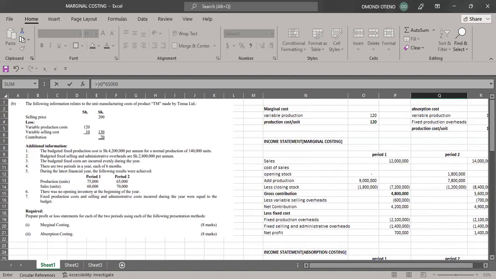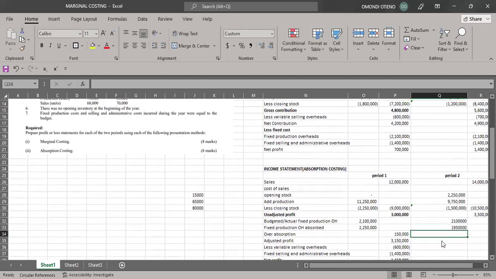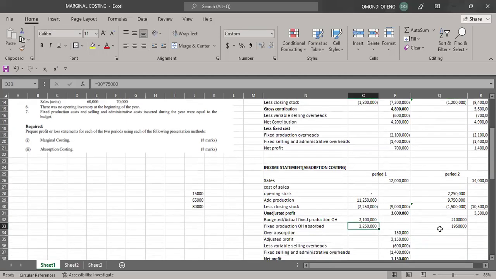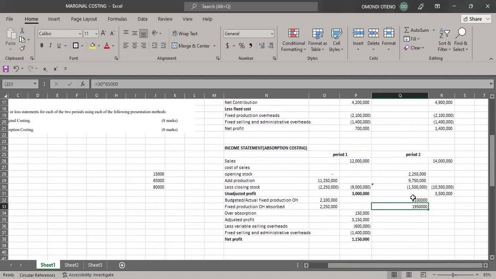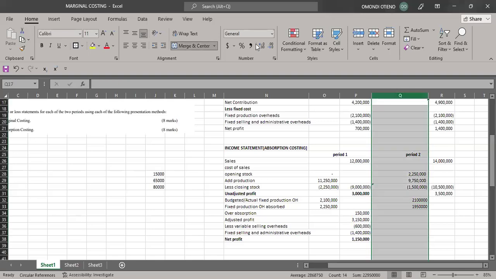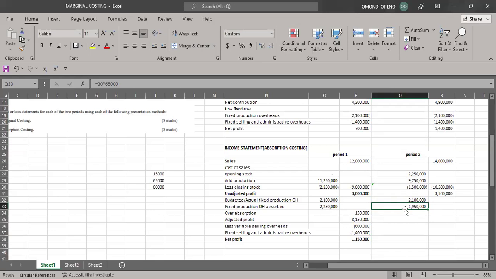That will give us the fixed production overheads absorbed, which is 1,950,000. Now let's look at it. The real expense is 2,100,000, but what was absorbed is 1,950,000. So they understated the expense.